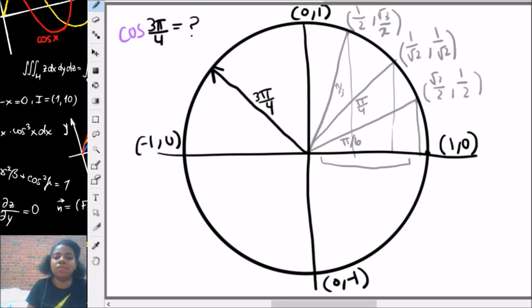So if you think about this angle, what is cosine of 3 pi over 4 really asking? What it's really saying is, this point right here, because we talked about this, is the cosine of theta and the sine of theta. So this point is just the cosine of 3 pi over 4 and the sine of 3 pi over 4, right?